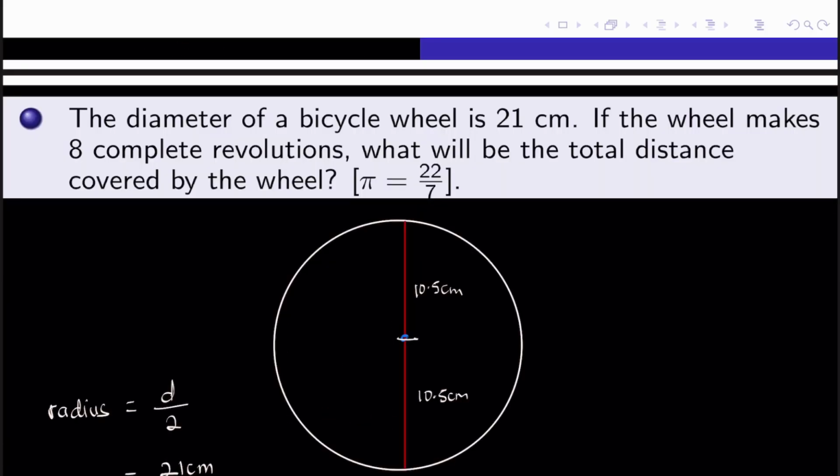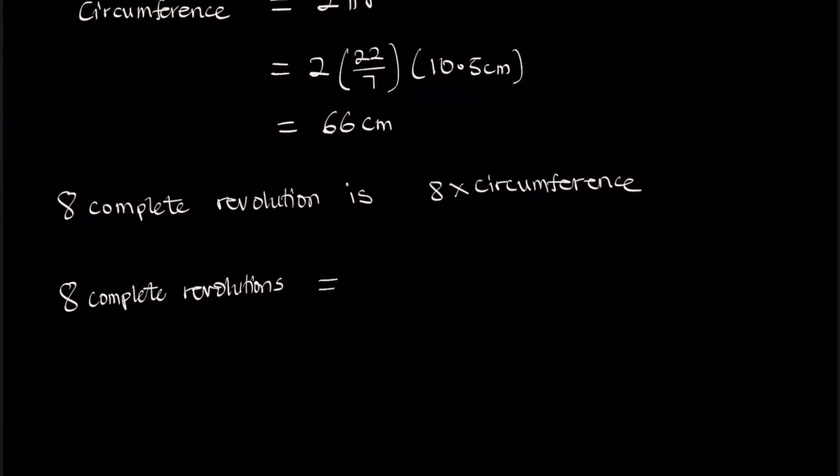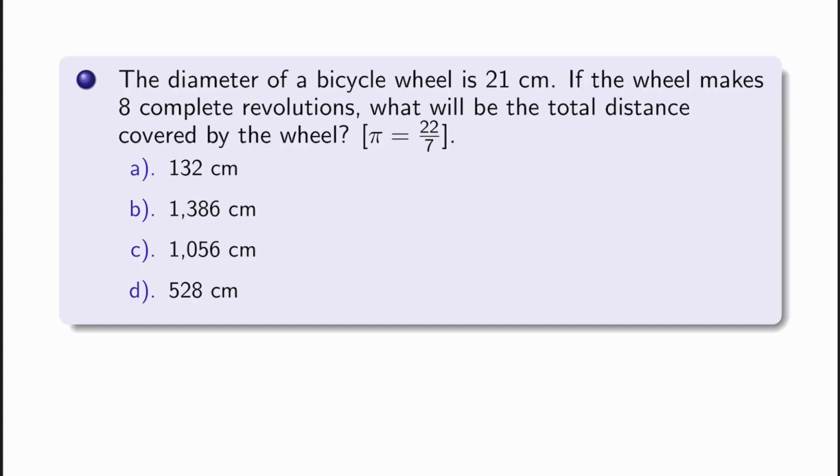And from the question, we are being told that we have to find the distance for 8 complete revolutions. So we have to multiply our answer by 8. And so 8 complete revolutions will be 8 times 66 centimeters, which is equal to 528 centimeters. So the correct option is option D.